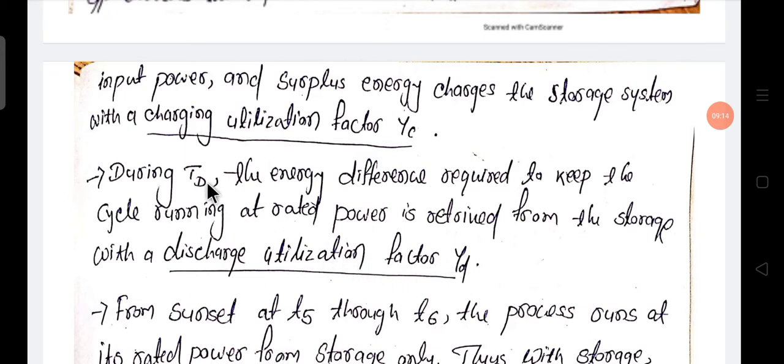This is the charging utilization factor YC, and this is the discharging utilization factor YD.